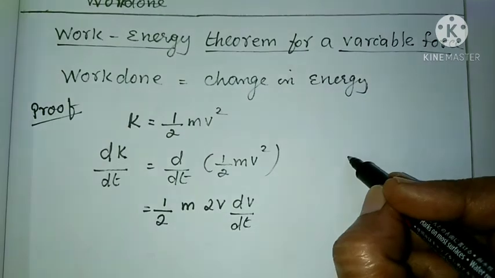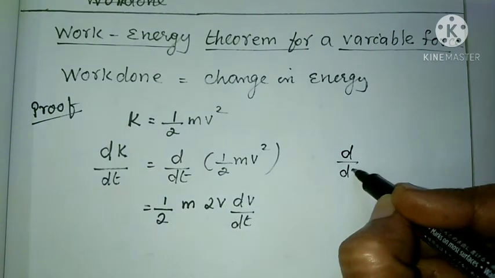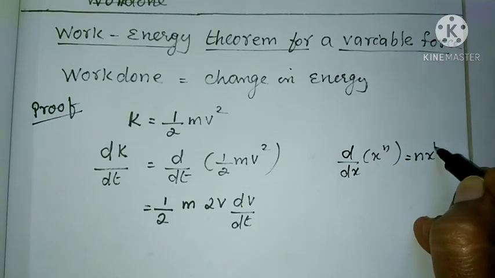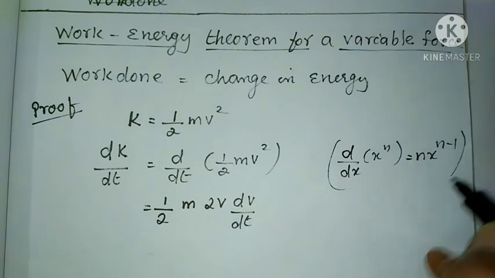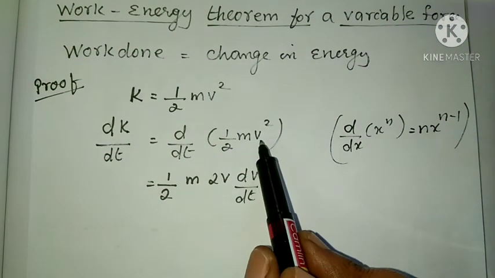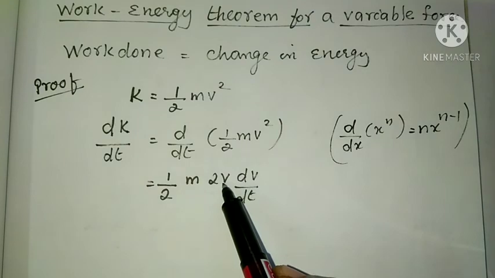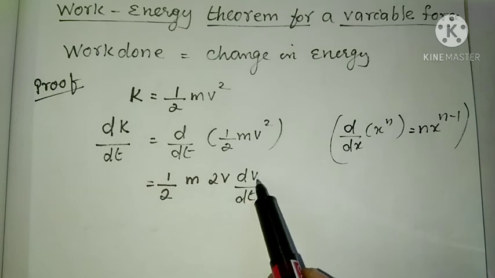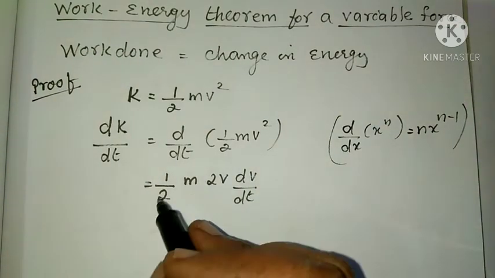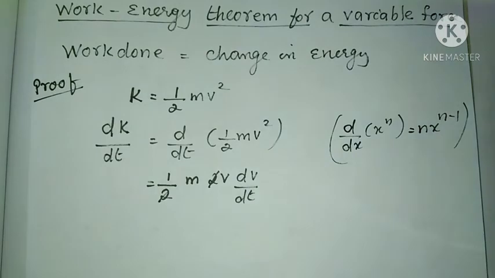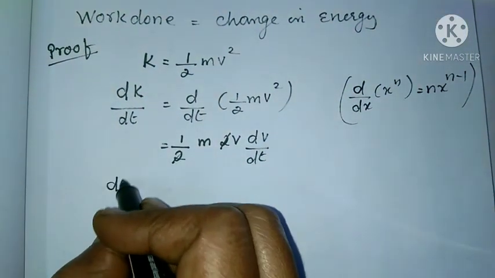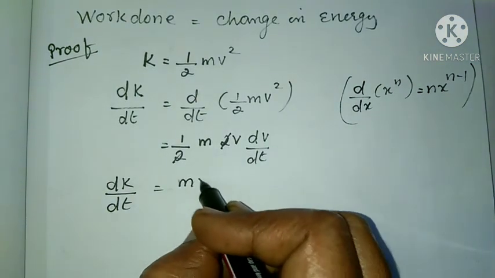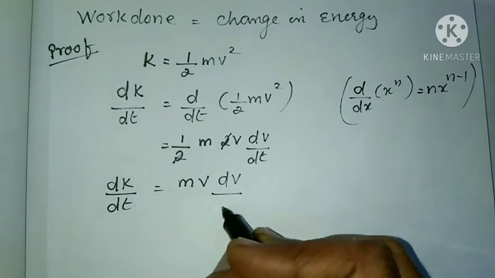That is differentiation, d by dx of x raised to n equals n into x raised to n minus 1. Similarly, d by dt of v square equals 2v raised to 2 minus 1, into dv by dt. Here 2 and 2 we can cancel. Then dK by dt equals mv dv by dt.